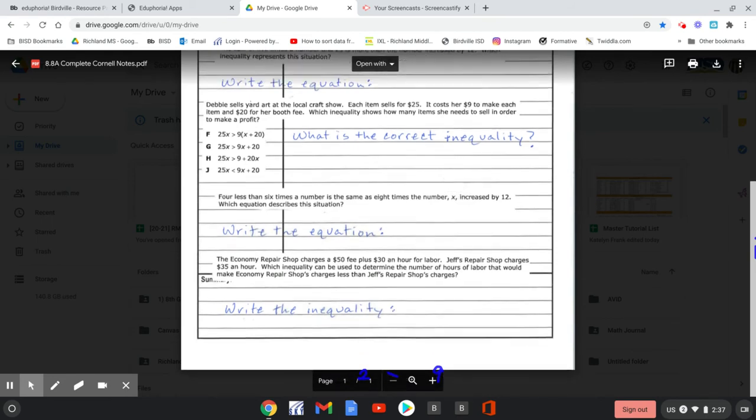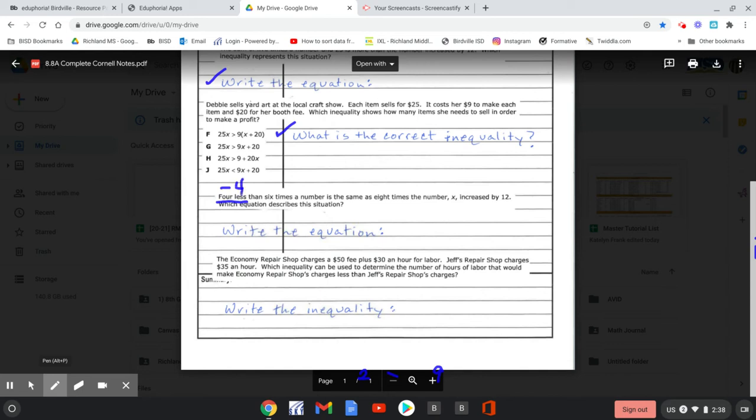Okay, and now we have 2 more to do. So we wrote the equation, we did this one, and now the next one. It says 4 less. As I read this, I'm going to write out what I see. 4 less would be minus 4.